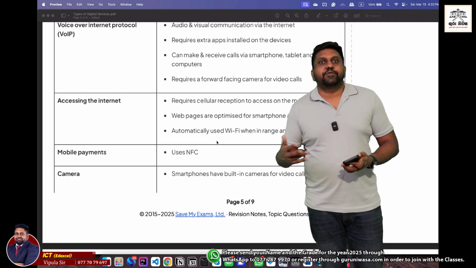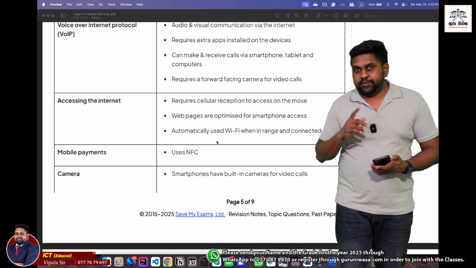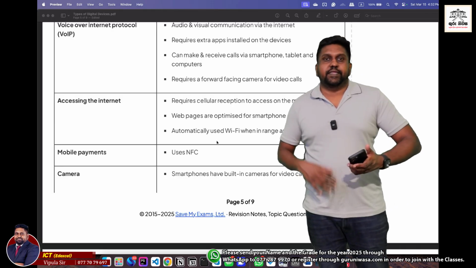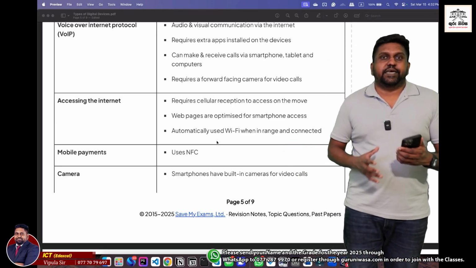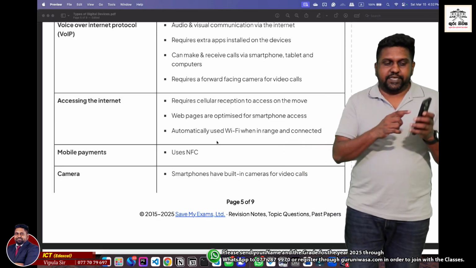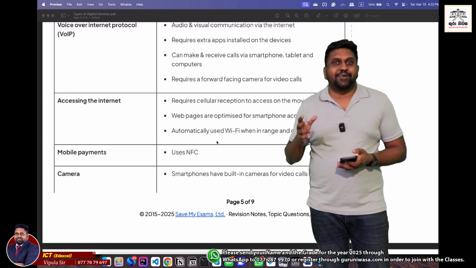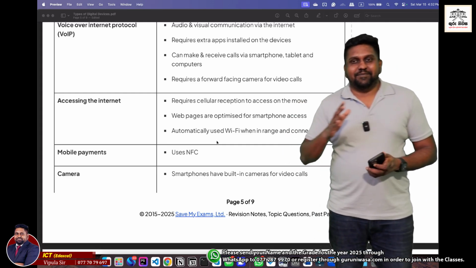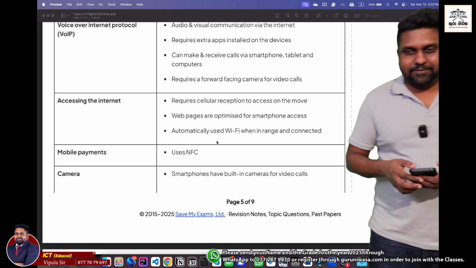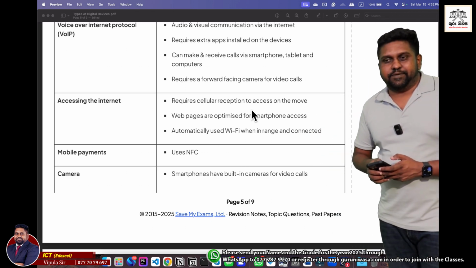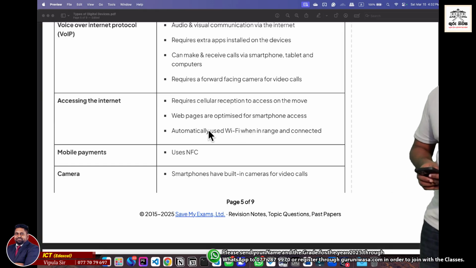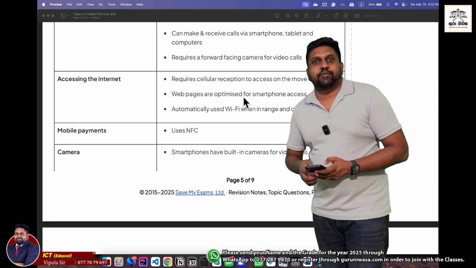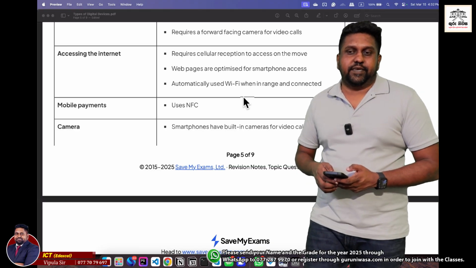But for mobiles, there has to be a specific optimization done, because that is how the mobile resolution or screen size is catered for, so that your content is properly displayed on the mobile. Just keep in mind those points. So web pages are optimized for smartphone access, and as I said before, phones can connect to Wi-Fi and access the internet also.